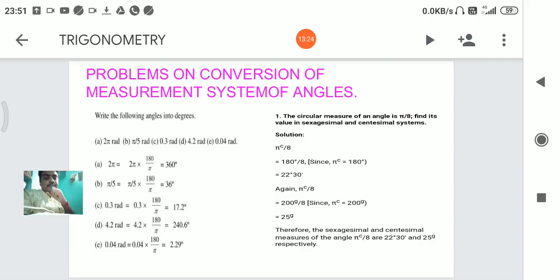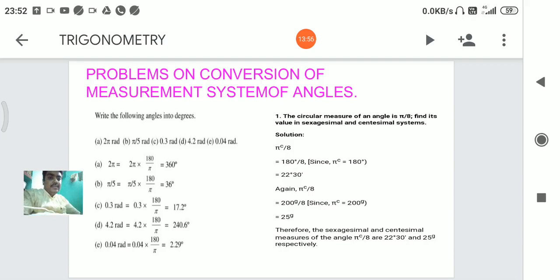Now another example, where the angle is given in radian and we have to give it in degree and in grade. One thing is that the system with the right angle in degrees is called the sexagesimal system, and with the right angle in grades is called the centesimal system.